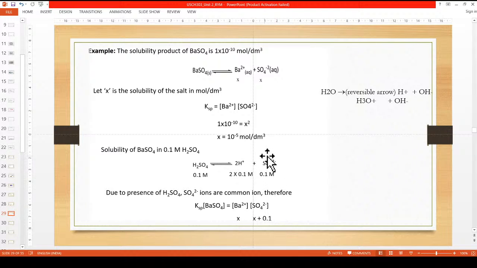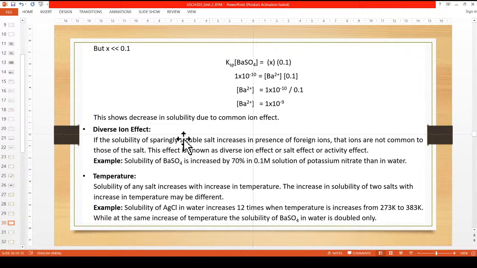This concentration of SO4 2- ion will help more precipitation, and hence the KSP will now change.